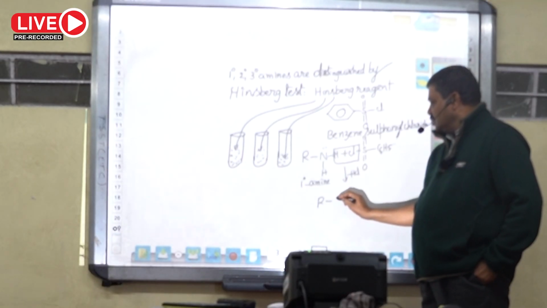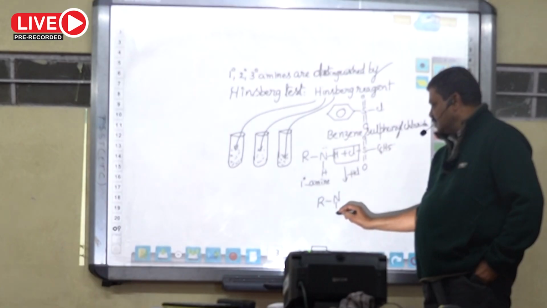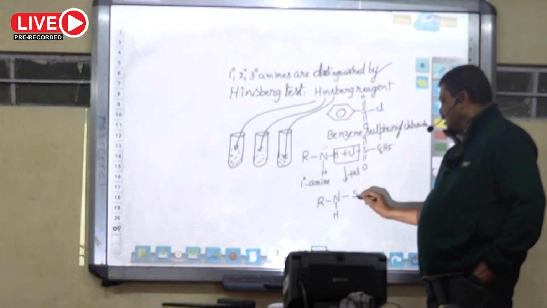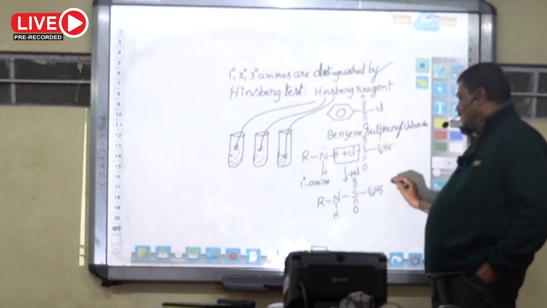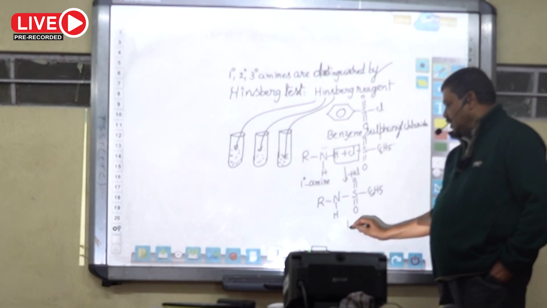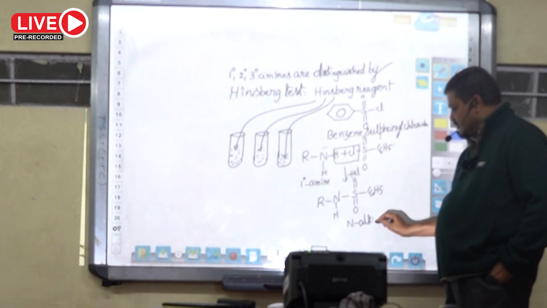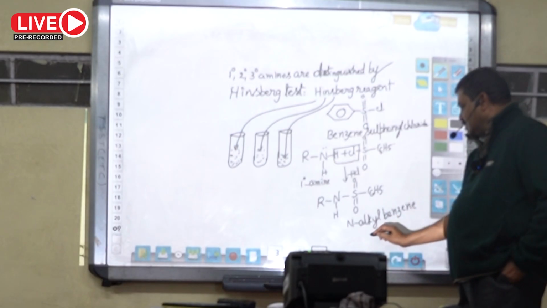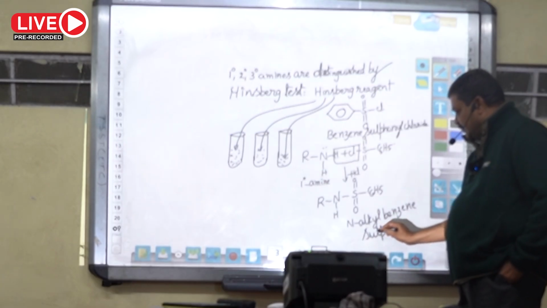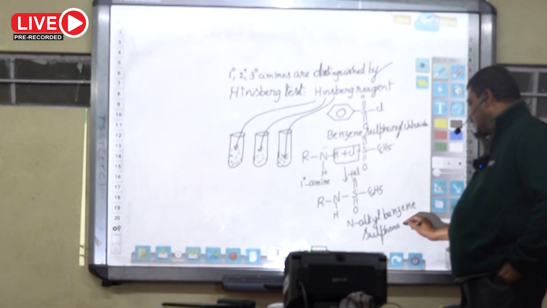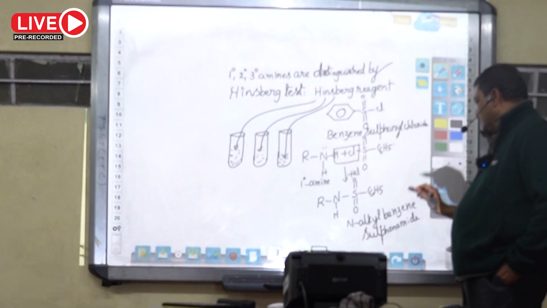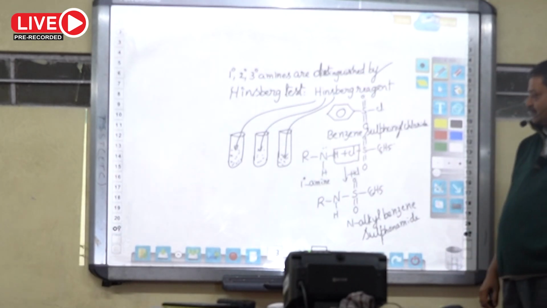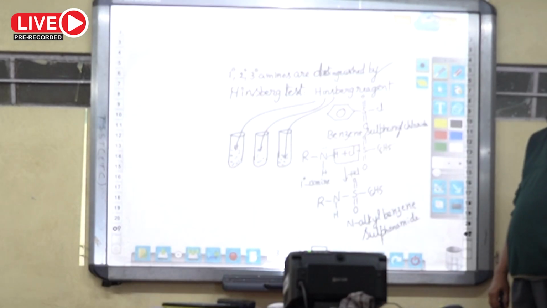You will get RNH SO2 C6H5. It is called N-alkyl benzene sulfonamide.